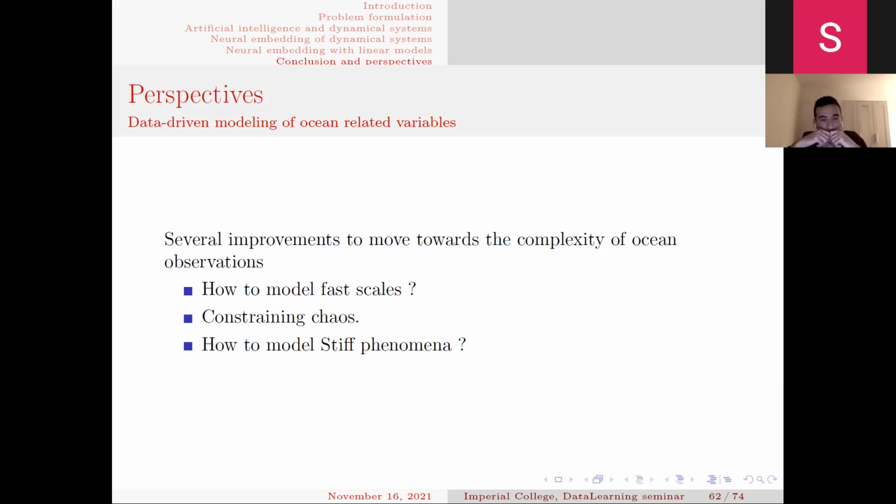There's also the question of how to model stiff phenomena, with all the repercussions on which integration scheme to use, because the integration schemes that are good for non-stiff phenomena are not necessarily the best to use. Even adaptive step size ones are not necessarily the best to use when considering stiff differential equations.